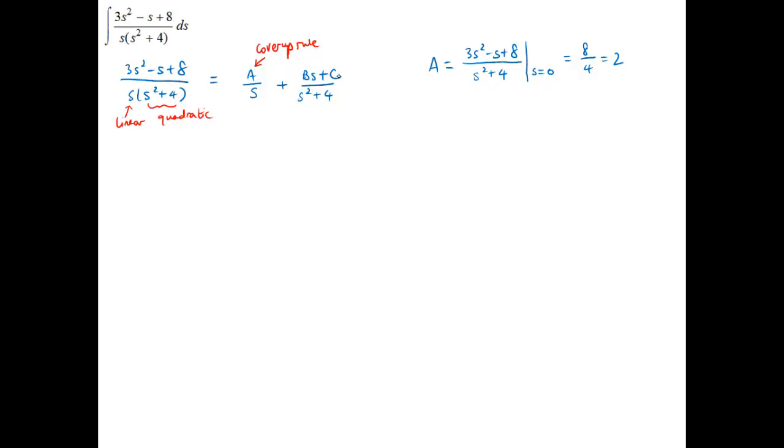Now to solve for b and c, I will have to compare coefficients. So let's first get rid of all these fractions by taking the denominator and multiplying across.